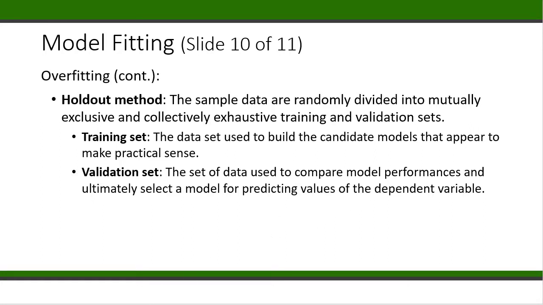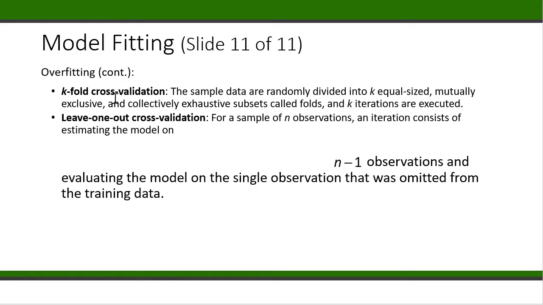With k-fold cross-validation, you'll come up with sample data and randomly divide that into k equal-sized, mutually exclusive subsets. Each one of those subsets is called a fold. And then you'll train and test with that.